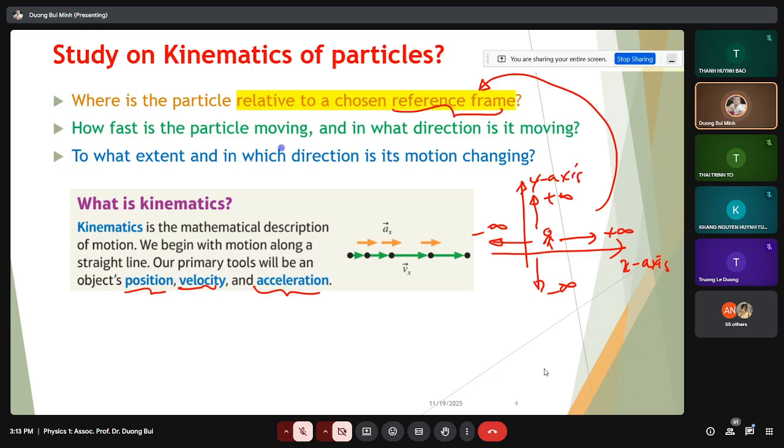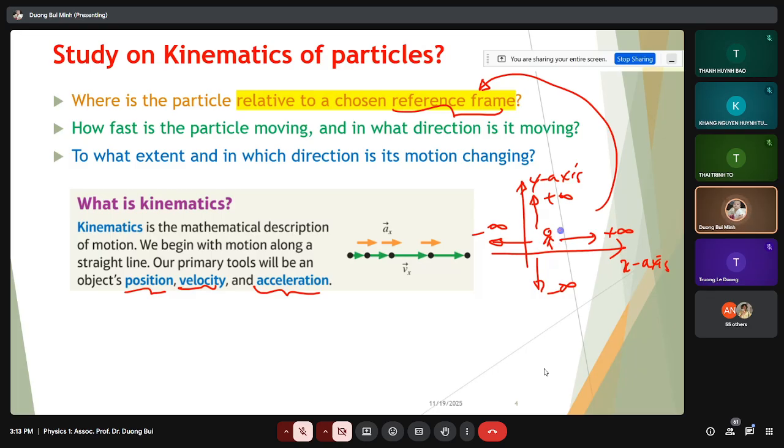How fast is the particle moving, and in what direction is it moving? It depends on the velocity, the position, the acceleration. You can get the direction of the object, the distance of the object, and so on. To what extent and in which direction is its motion changing?